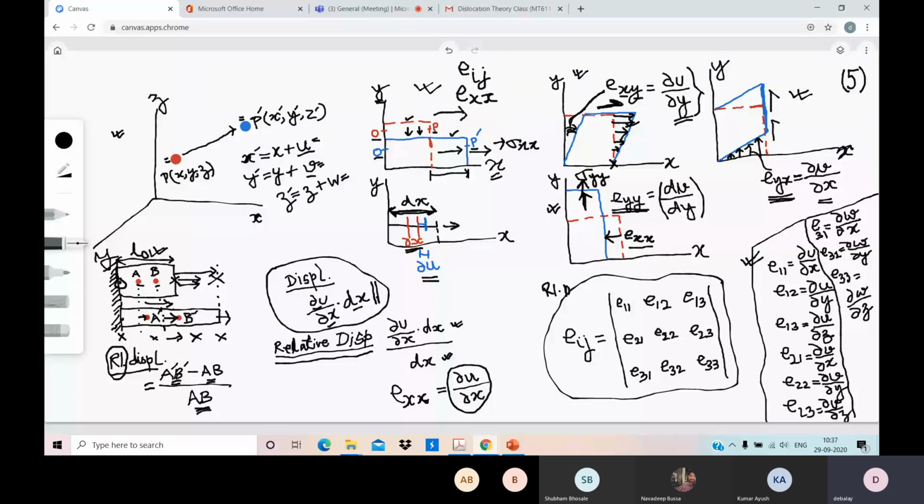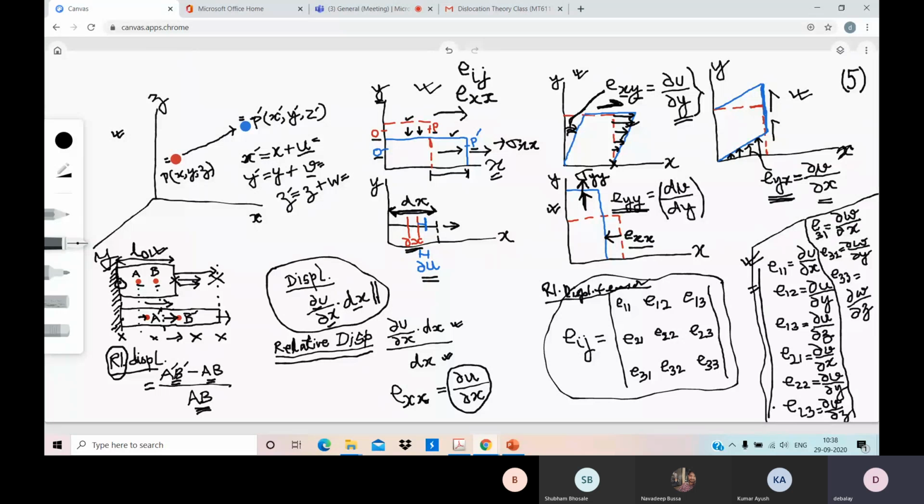This is my relative displacement tensor, and the terms are written as E11, E12, E13, E21, E22, E23, E31, E32, E33. You can also write them in the same way as XYZ: EXX, EYY, EZZ, EXY, EYX, like that. And all the terms are represented in terms of displacement derivatives.